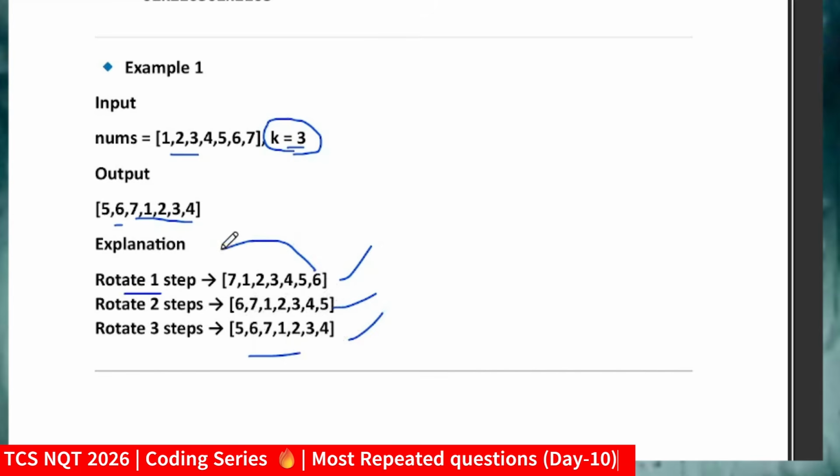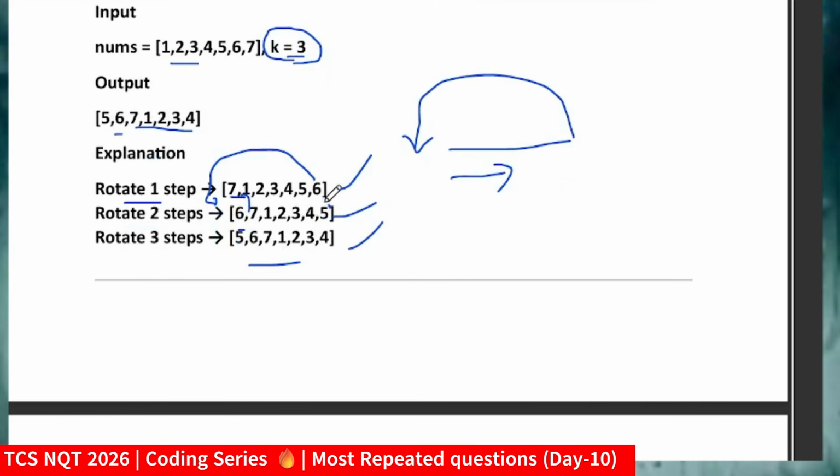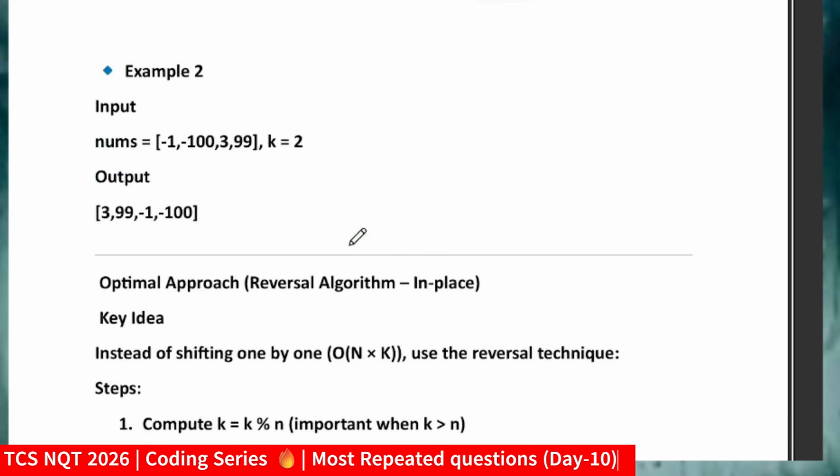This will move and come to this position, so 6 will be there and 7 will be shifted in this direction, isn't it? Then the next element will be shifted in this direction. You can see here that 5 will come to this position and shift here. So this is the rotation concept.